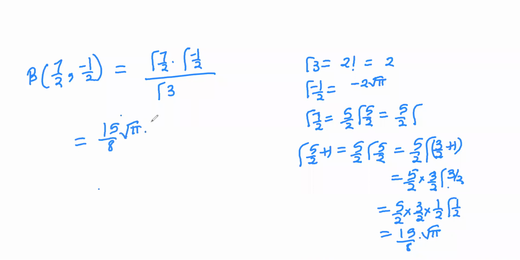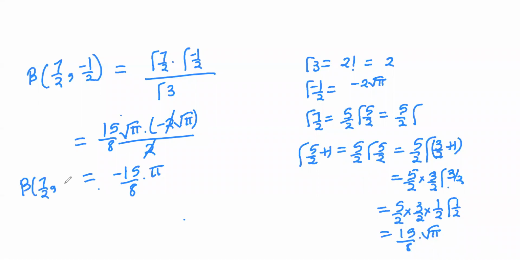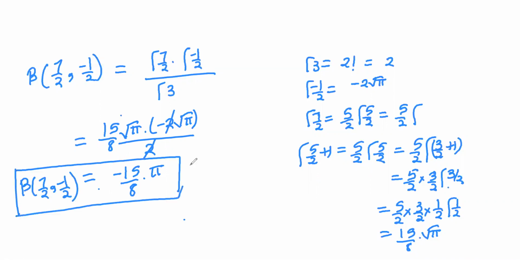Gamma minus 1 by 2 is minus 2 under root pi, and gamma 3 is 2. So the 2 will cancel, giving minus 15 upon 8 pi. That is the beta 7 by 2 comma minus 1 by 2 value.